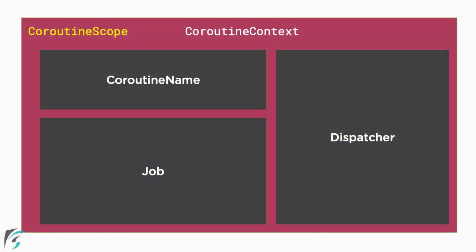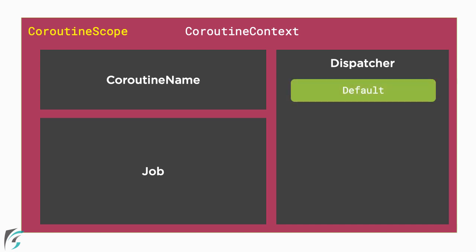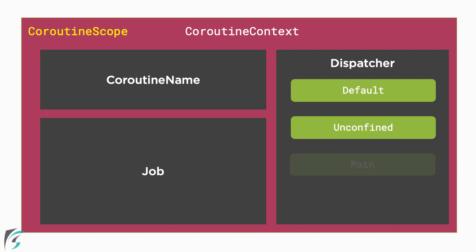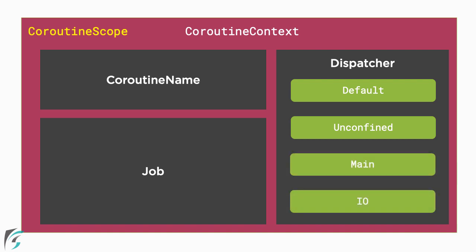Now coming back to our slide, this dispatcher is basically of 4 types. The first one is Default, then we have Unconfined, then Main, then IO. Just now we saw these two dispatchers, right? But the Main dispatcher basically works on the UI objects, and the IO dispatcher is used for IO operations.